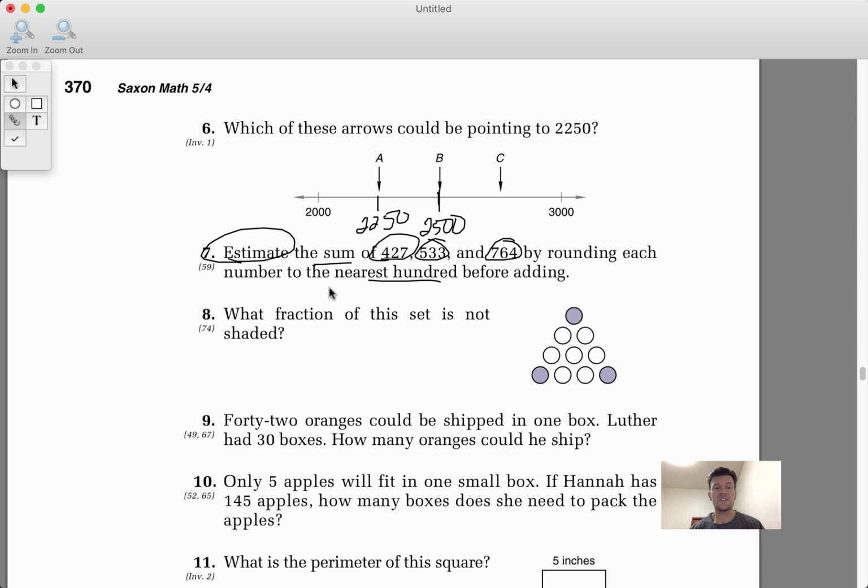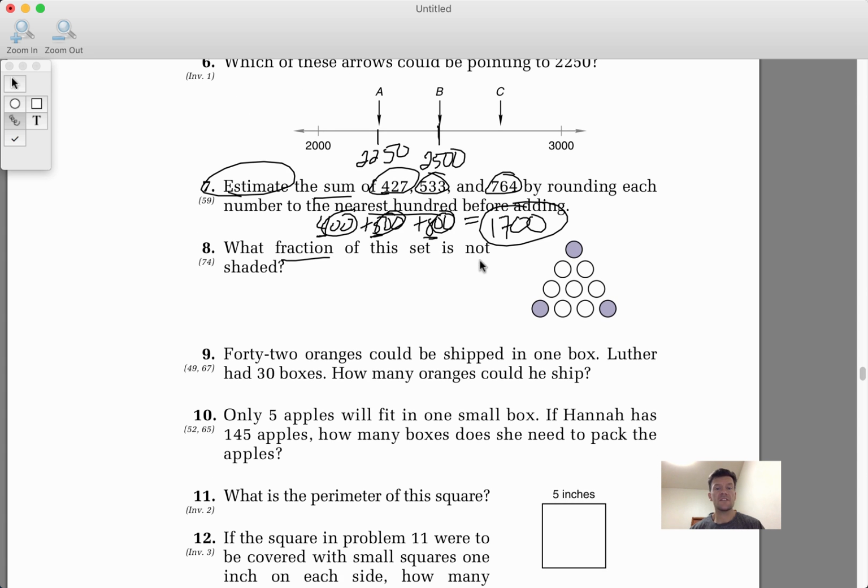So 427, you would round that down to 400. 533, you also would round to 500. And 764, you're going to round that up to 800. And then just add all those up. 4 plus 5 is 9, plus 8 is 17. All of these are hundreds, so 1700.